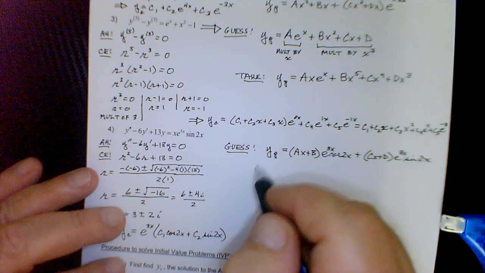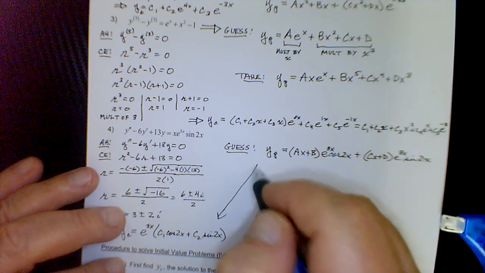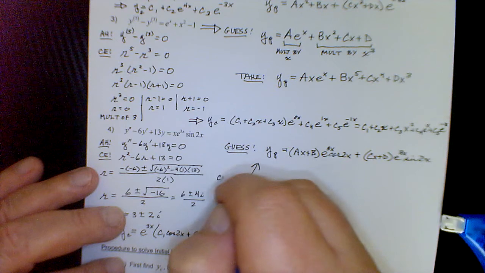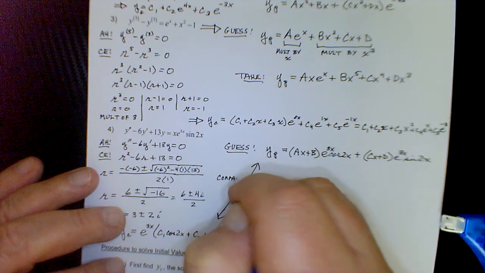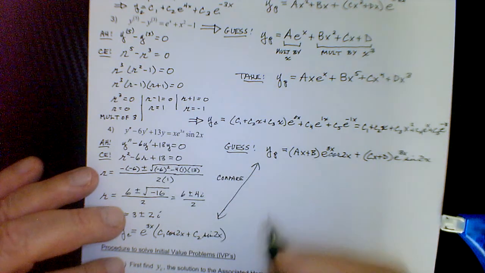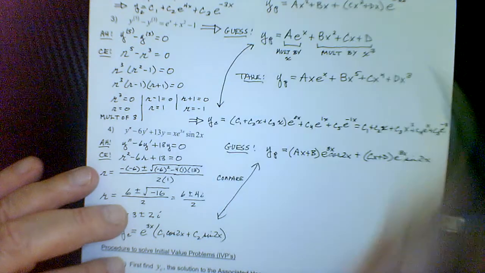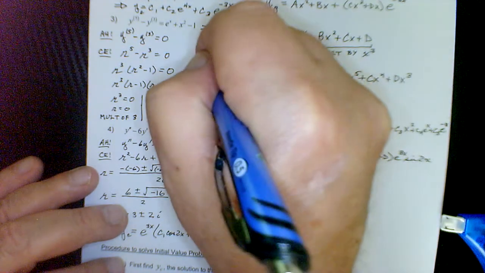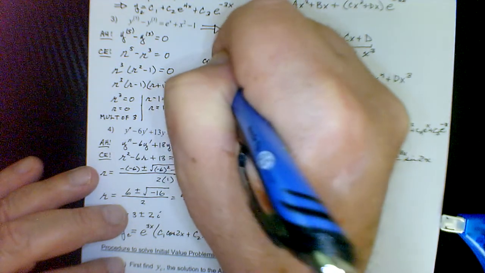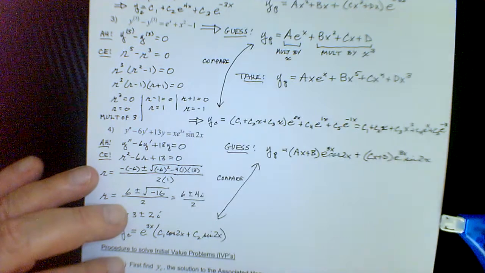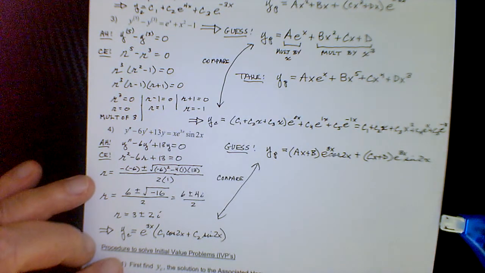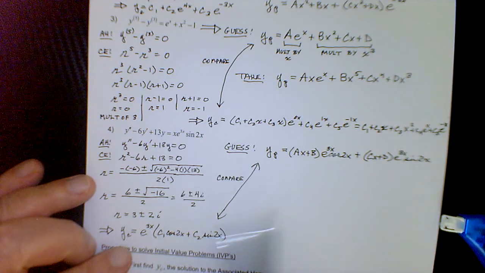Okay, and then if we make the comparison, here I didn't draw the little arrow, but up here if you want to go back up there and write compare, just to be consistent. If we make the comparison, we see we have duplications.